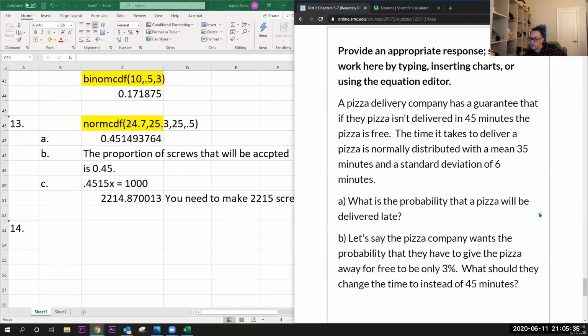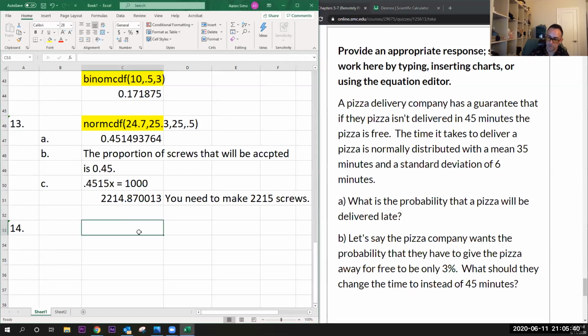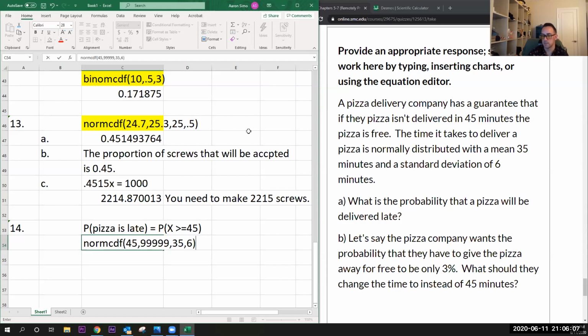So basically we're trying to find the probability the pizza is late, which equals the probability that X is greater than or equal to 45, which is norm CDF, 45, 999, comma, mean 35, comma 6.